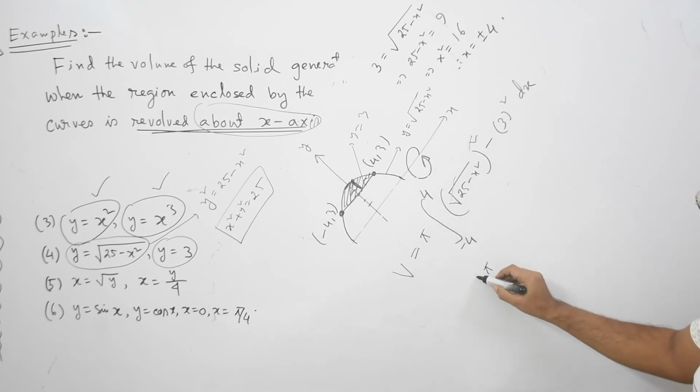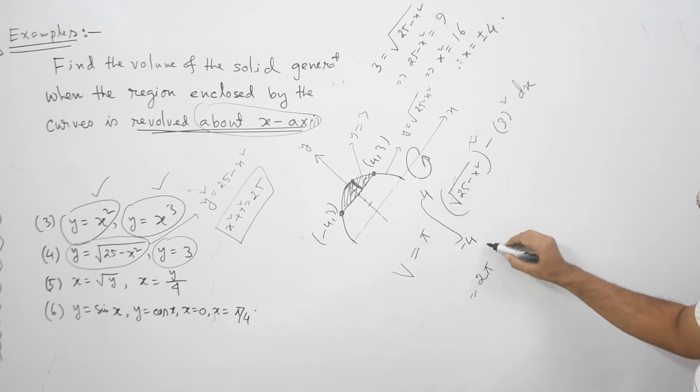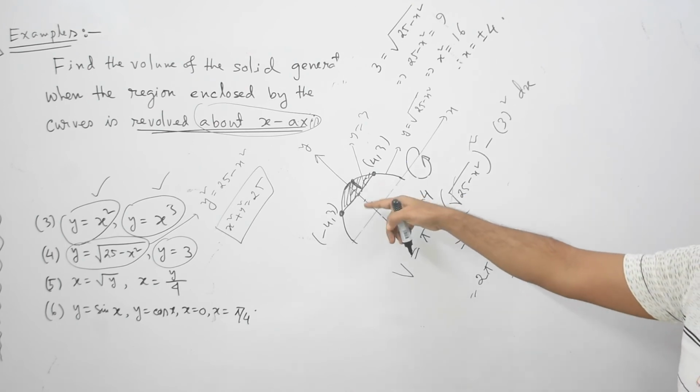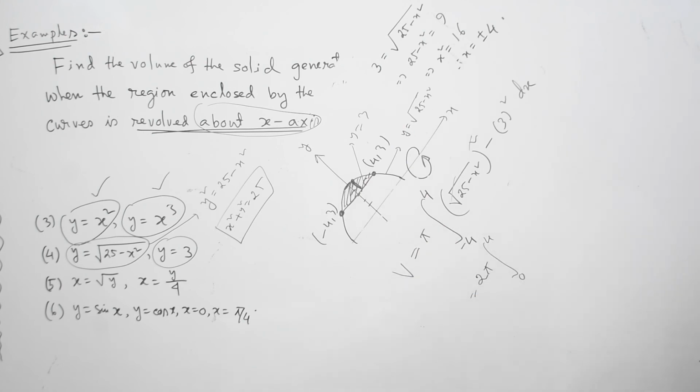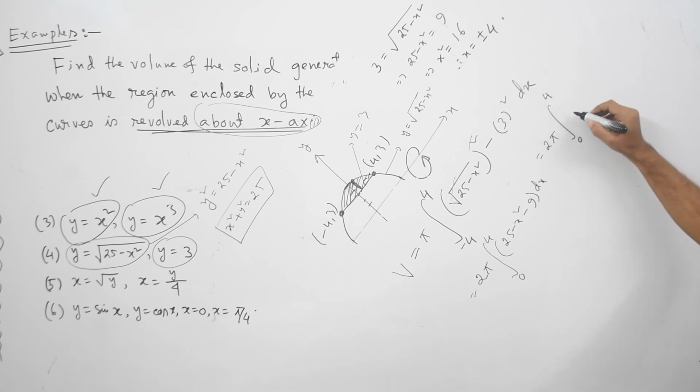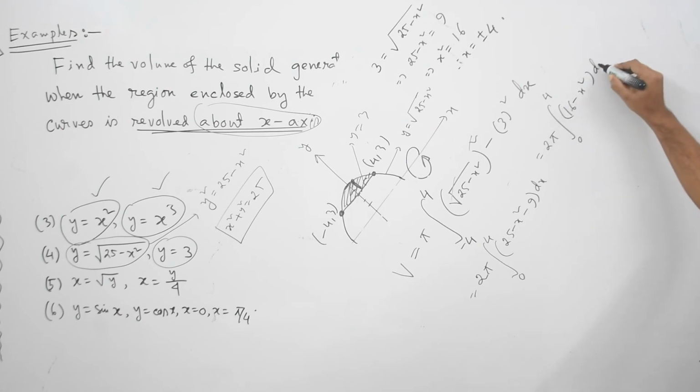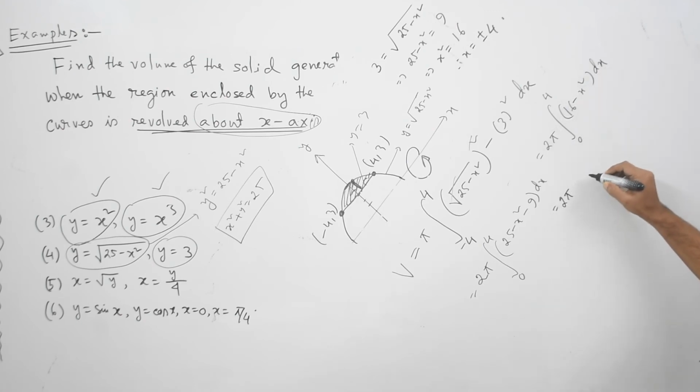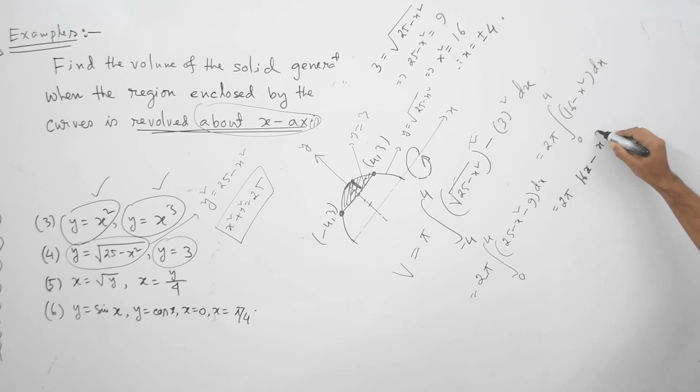You can multiply it by 2 and write 0 to 4 because the region is symmetric to the y-axis. So 25 minus x square minus 9 dx, which is equal to pi 0 to 4, 16 minus x square dx, and the integration will be 16x minus x cubed by 3, 0 to 4.